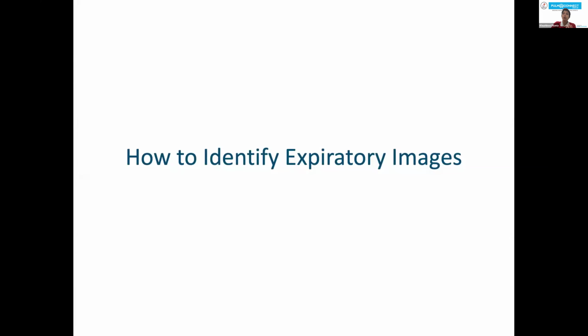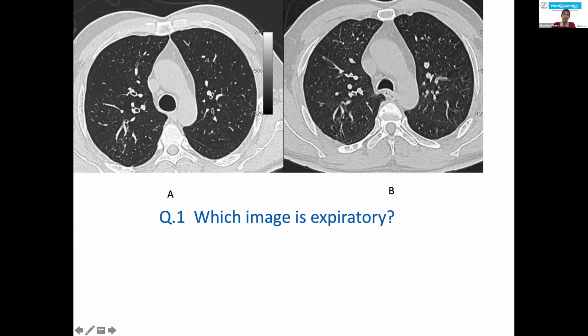Having said that, how to identify whether this is an end inspiratory image or an end expiratory image? Let's look at this example. There are two images. Which amongst these is an expiratory image? If people will put answers into the chat box, or I'm not sure, or maybe I just go ahead, we have A and B. You can answer for yourself, and we know that it is B. B is an expiratory image.